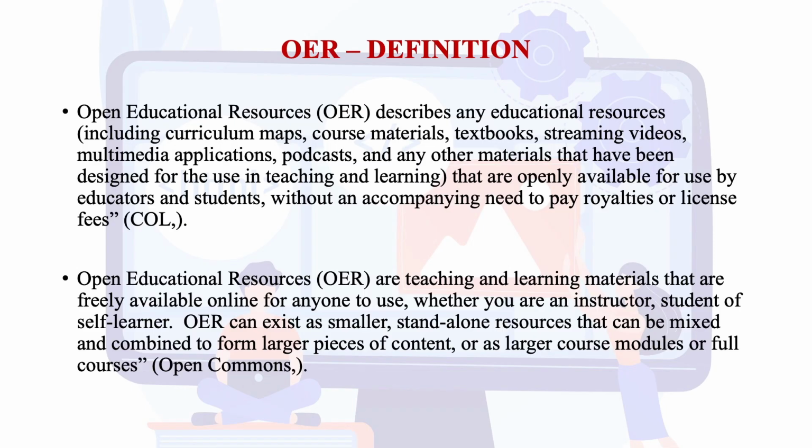I would also quote another definition, which was given by Open Commons. They say open educational resources are teaching and learning materials that are freely available online for anyone to use, whether you are an instructor, student or self-learner. Then OER can exist as smaller standalone resources that can be mixed and combined to form larger pieces of content, or as larger course modules or full courses.